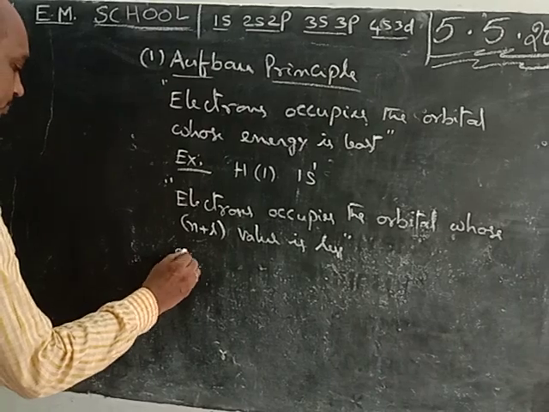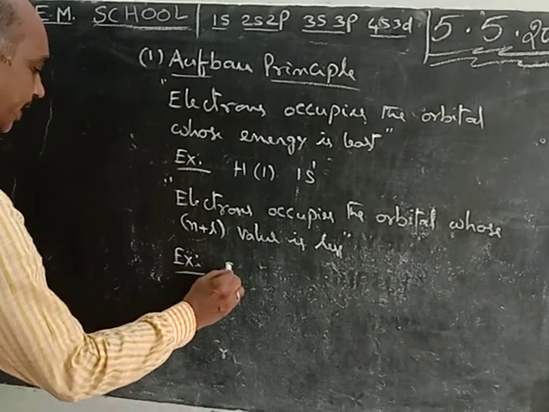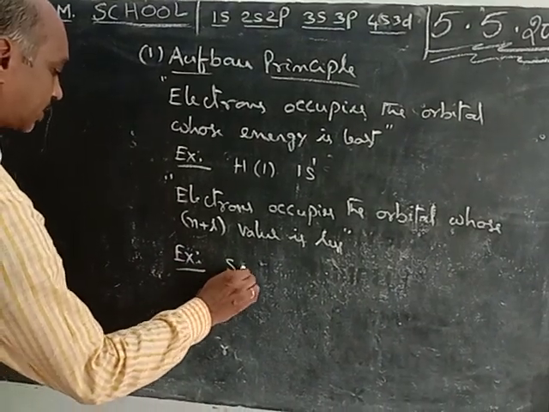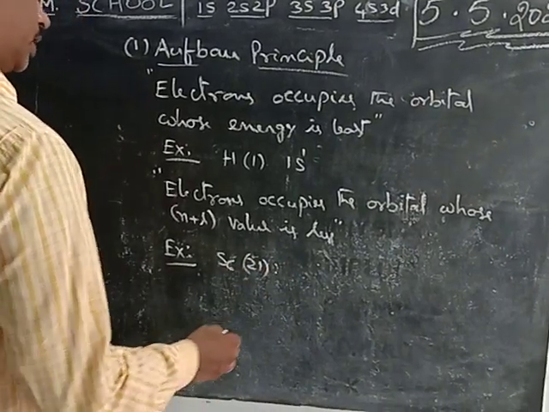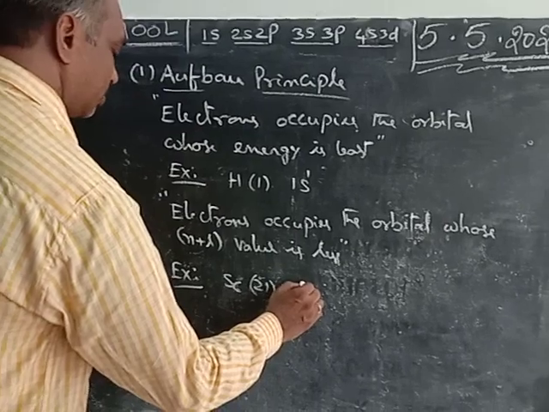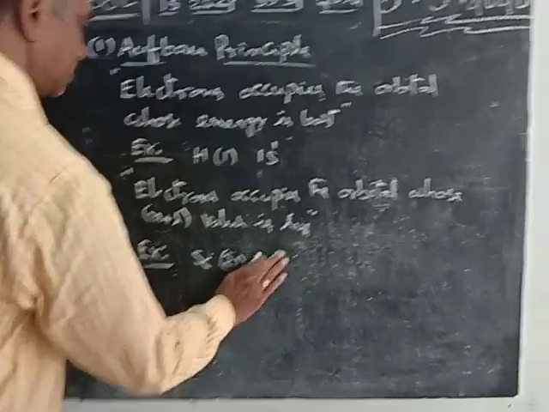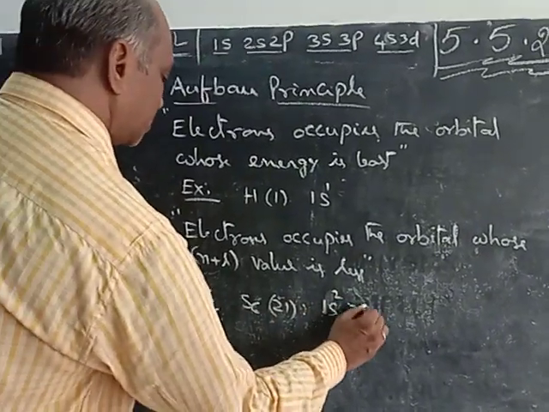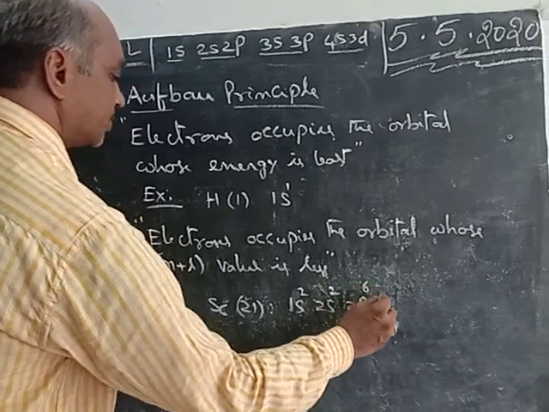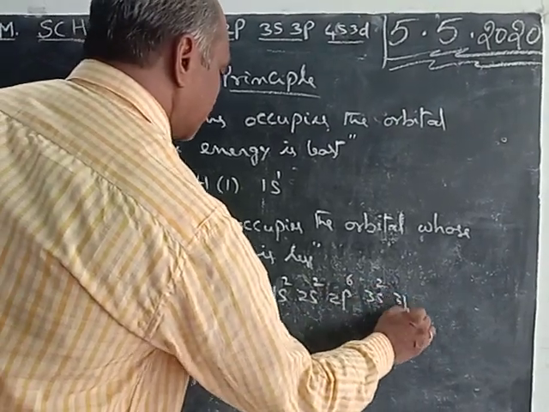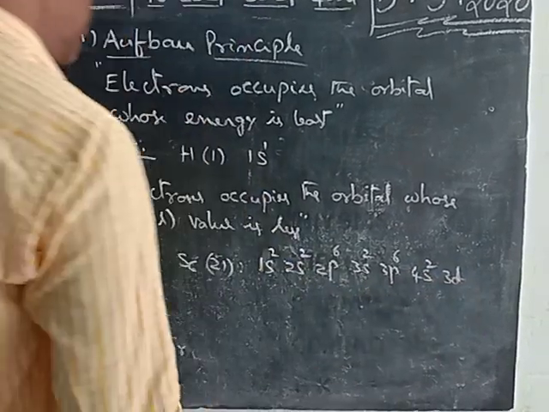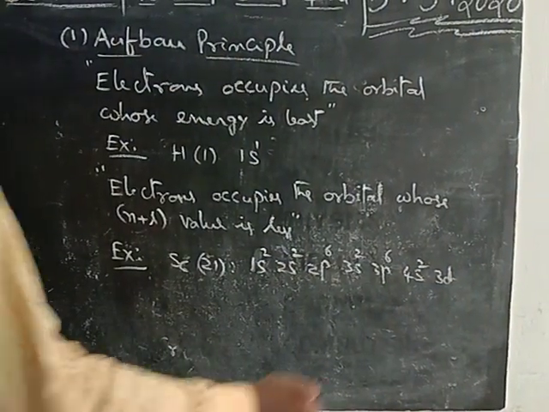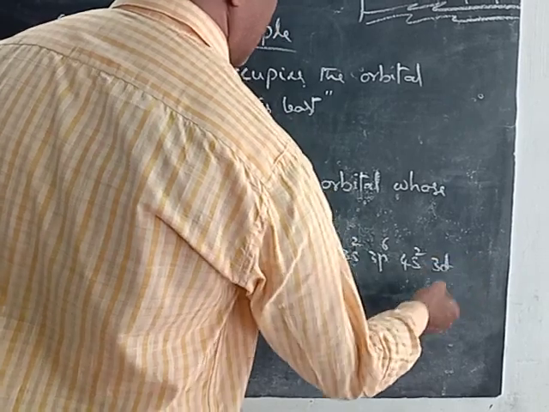For example, scandium. Scandium atomic number 21. Atomic number 21 means we can write 1s2, 2s2, 2p6, 3s2, 3p6, 4s2, 3d1.